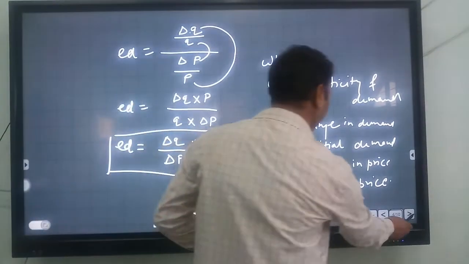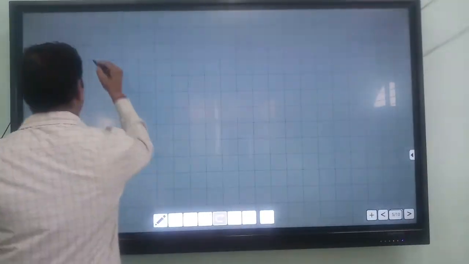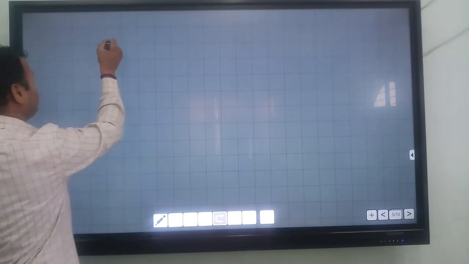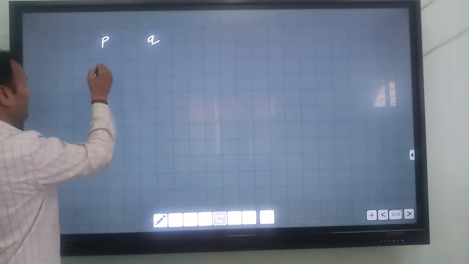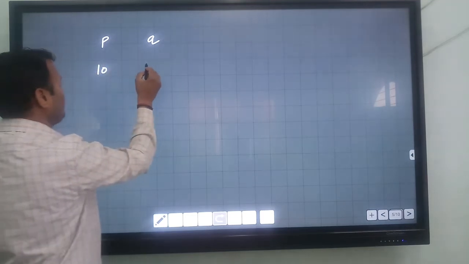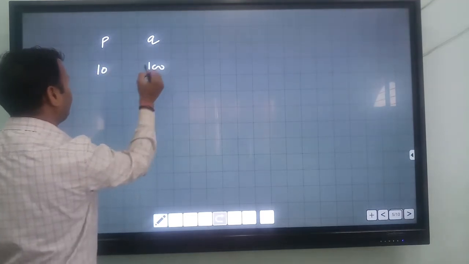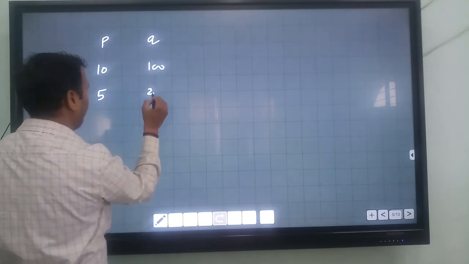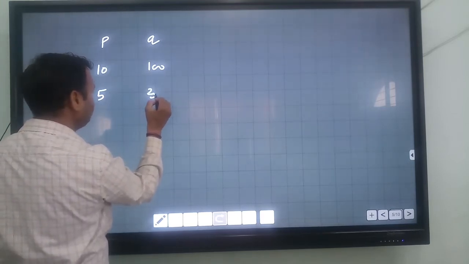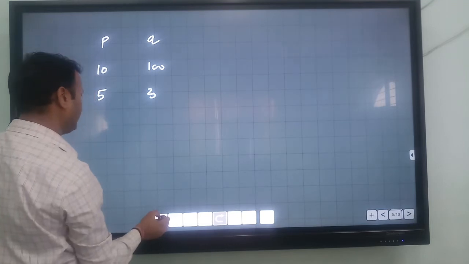Let's take an example of how to solve the problem. Suppose the price is 10 rupees and demand is 100. Now the price is 5, then demand is 200.